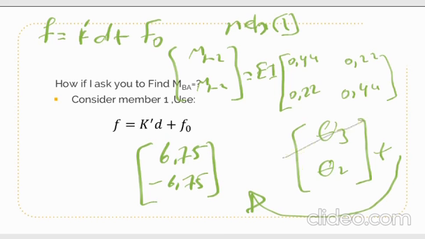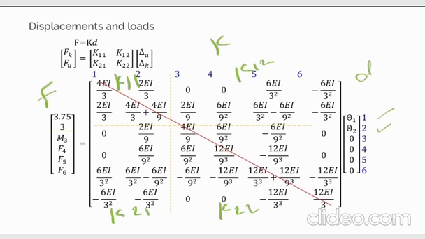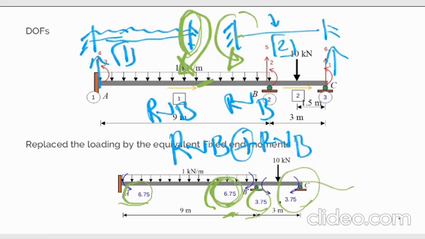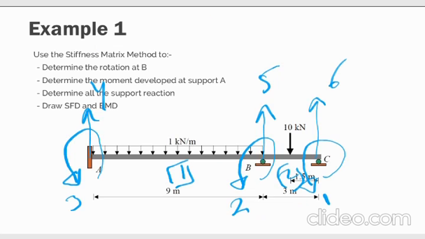Here theta number 3 is 0, and theta number 2 the value is 0.78. Why 0? Theta number 3 is 0 because it's fixed, cannot move. If I go back to the general drawing or the shape, here we have fixed.